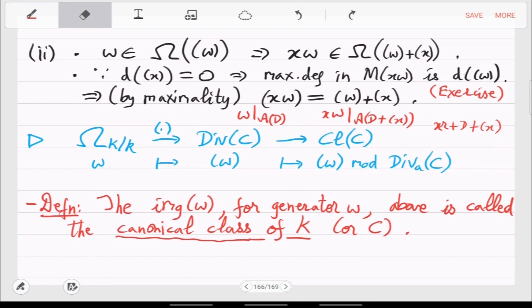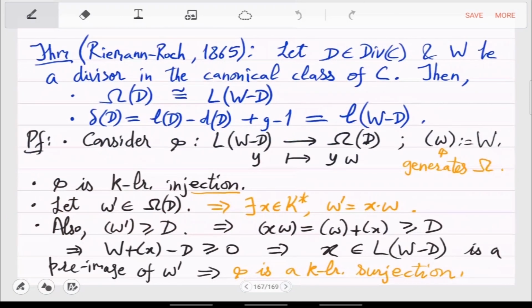Yeah, this part I have to check. Yeah, or if there is a heavy inconsistency, I will correct everything. But let's do this.